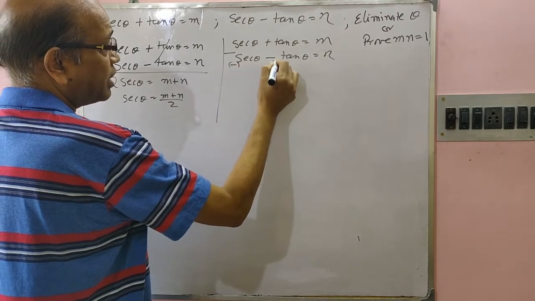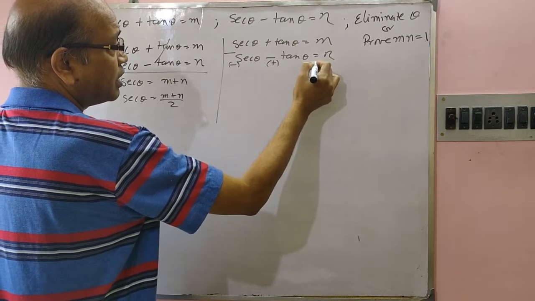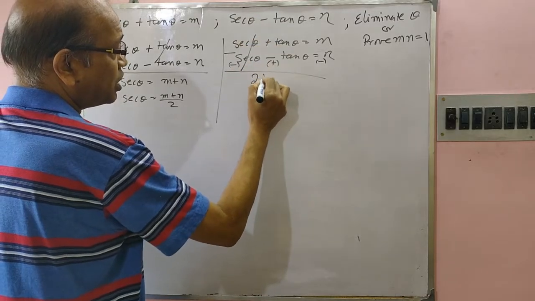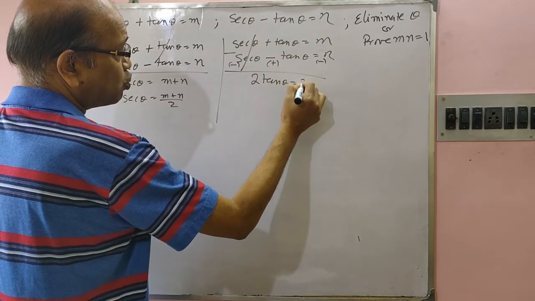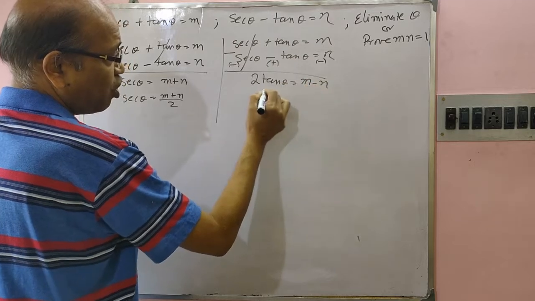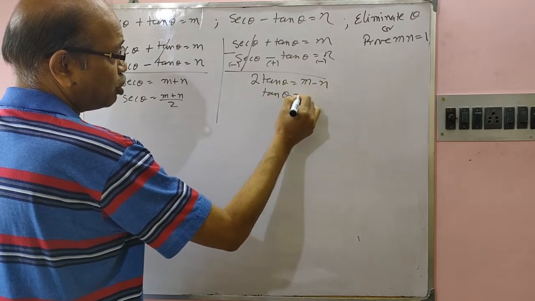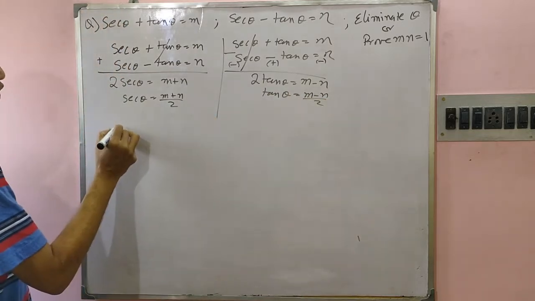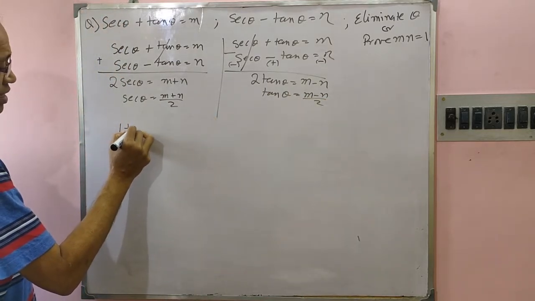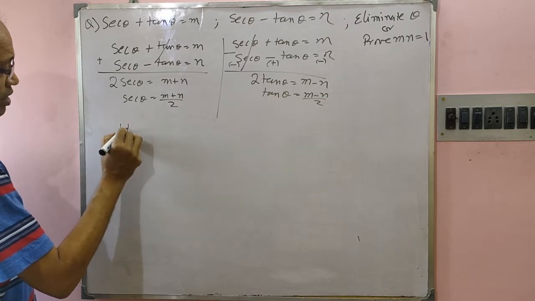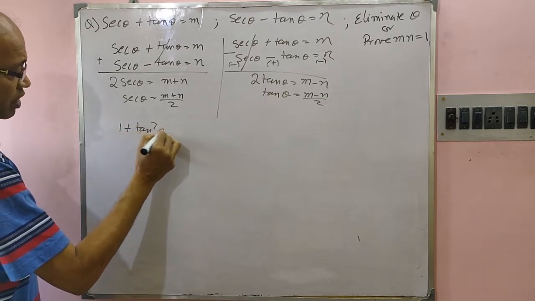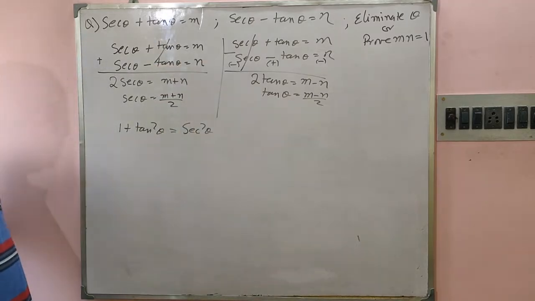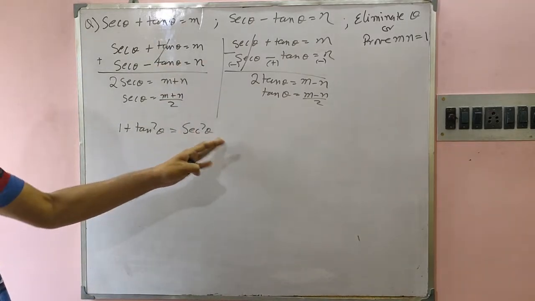What do you get? We get 2 tan theta is equal to m minus n, or tan theta is equal to m minus n by 2. Now we know that 1 plus tan square theta is equal to secant square theta. Remember that identity formula?